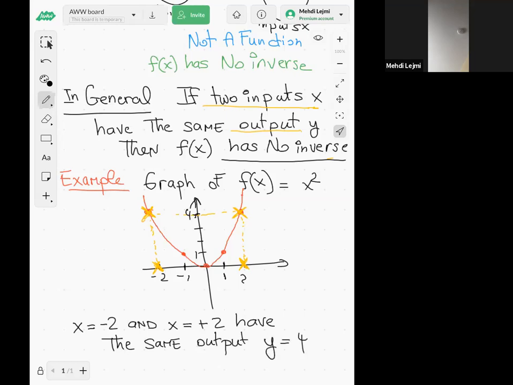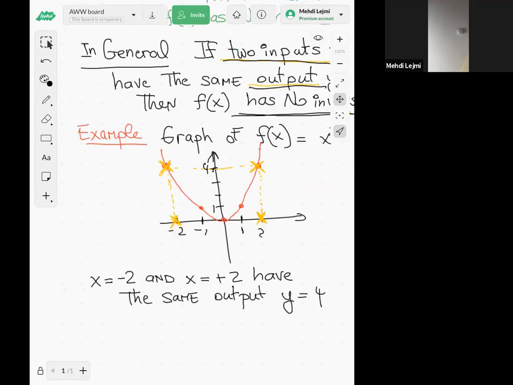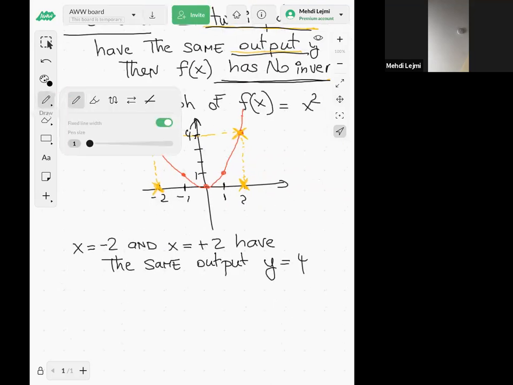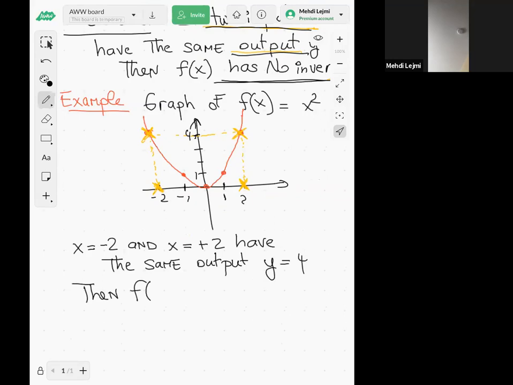We said if two inputs x have the same output y, then f of x has no inverse. Then my f of x has no inverse.